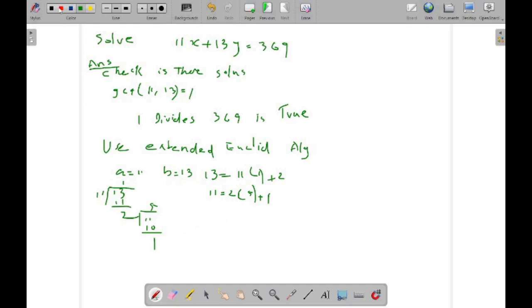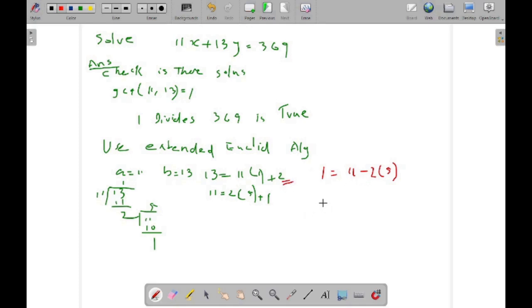Doing the backward replacement we get the GCD 1 equal to 11 minus 2 into 5. Then we replace 2 by 13 minus 11 into 1.